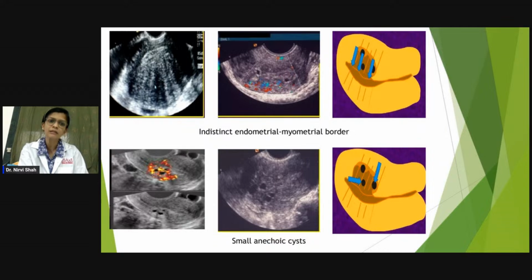It's indistinct, it's irregular. Also, the vascularity is increased. And this is a typical small anechoic cyst, if you can see. These are all the anechoic cysts in the myometrium, which are also one of the specific signs for adenomyosis.